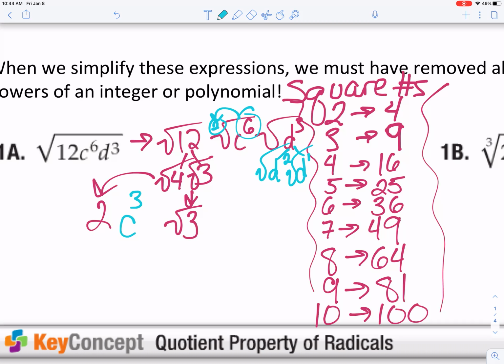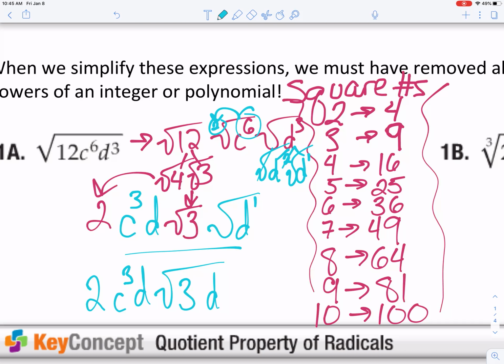And what that has done is allowed me to have the square root of d squared, which cancels nicely. So that would just be a nice happy d on the outside with another square root of d to the first power there. So my final answer is going to be everything that's on the outside written together and everything that's on the inside written together.